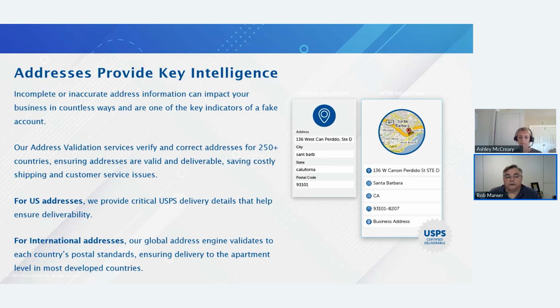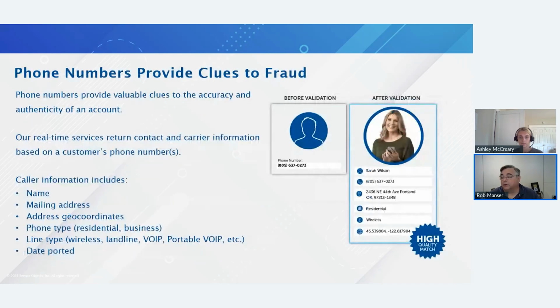So the next element we'll look at is the phone number, and phone number is key here. Phone numbers provide valuable clues to fraud, essentially. Beyond the phone number itself, which may or may not be made up, which we would detect right away, there's a secondary set that we get, which is the mailing address, the location they're at. We're going to find out if it's a VoIP or a portable VoIP, or if it's a wireless number.